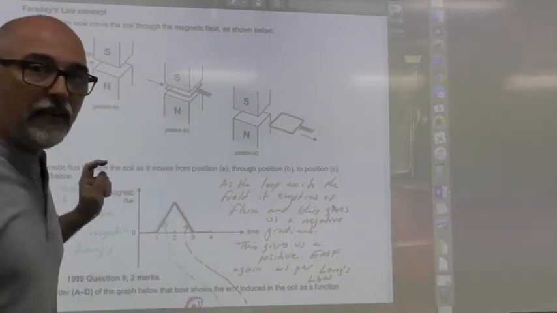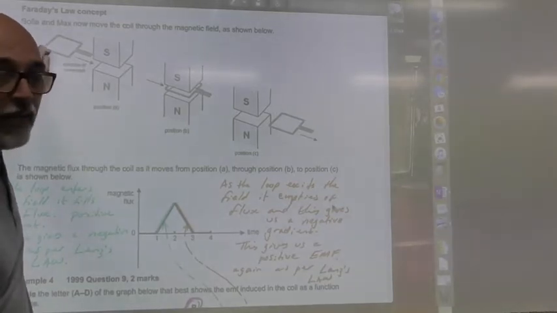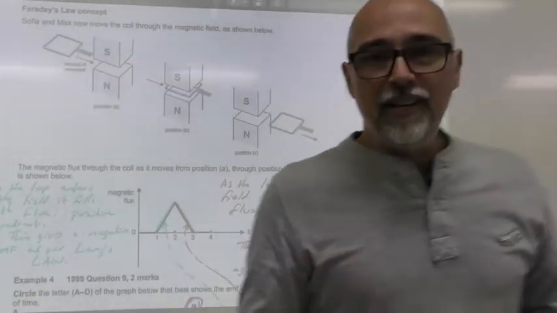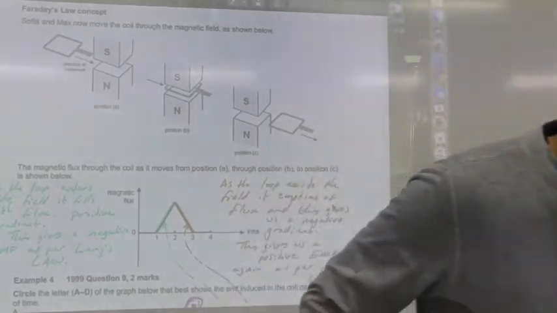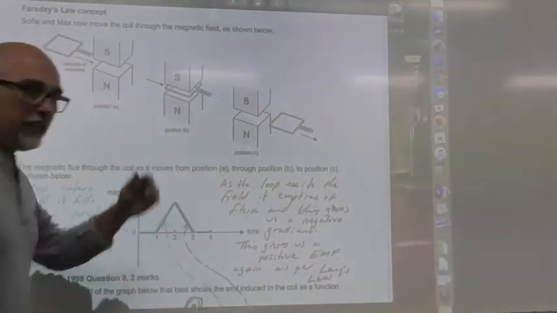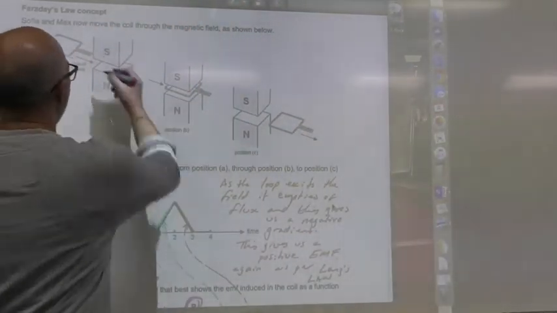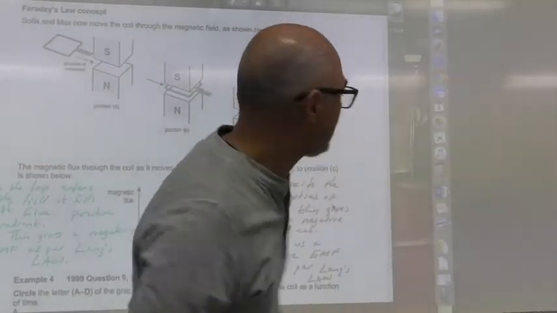So you can see that here, the loop starts completely outside of the field. Now, because this is only high school physics, all right, and there's so much more to know, what we do is we say, okay, there's field lines between the poles. Now, you know very well field lines arc and curve and move all over the place, all right?